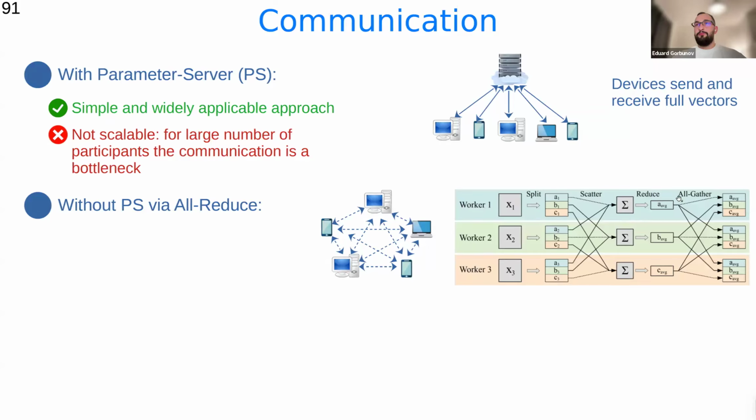Each worker sends the first parts to the first one, and so on. The first worker sends the second part to the second worker, the third part to the third worker. Everything is indicated by colors. After that, they compute the average and broadcast it back to all clients. In the end, we have the exact average on every client, but in total, each worker communicated just, in terms of information, O(1) vectors.